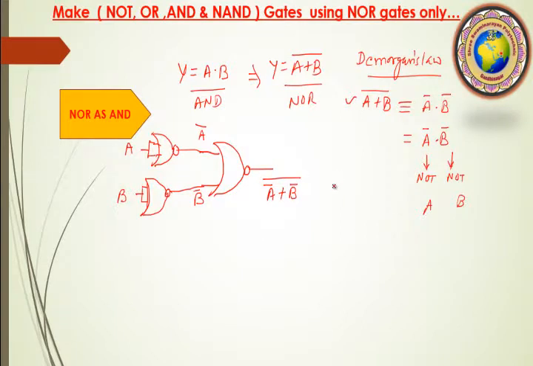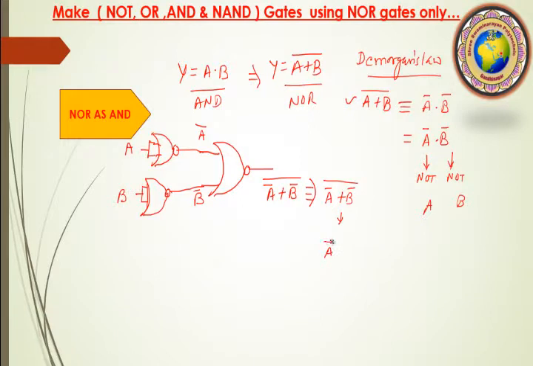So now what happens is the output is A bar plus B bar, whole bar. But I didn't want this, I want A dot B, because of De Morgan's law.